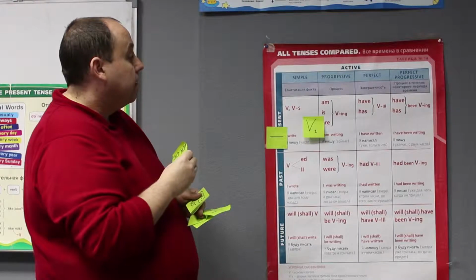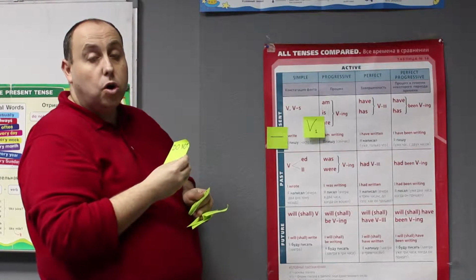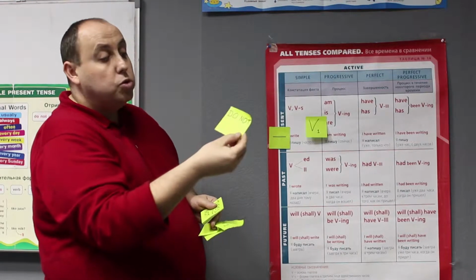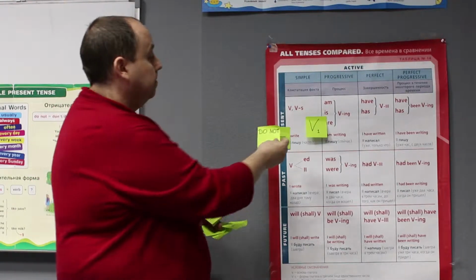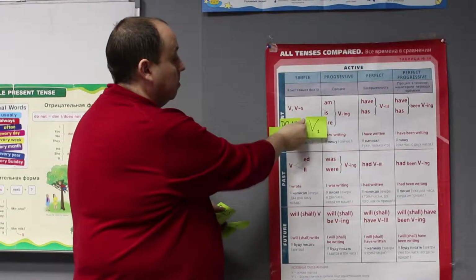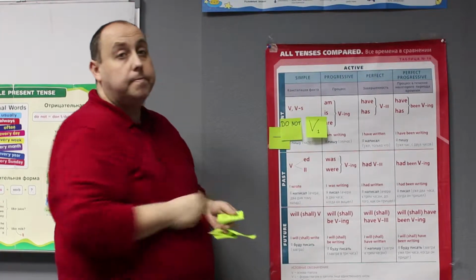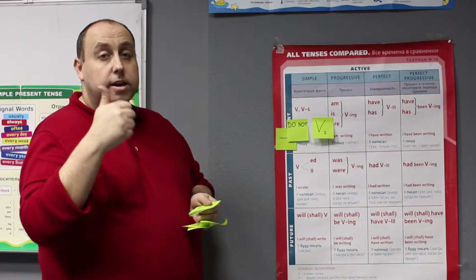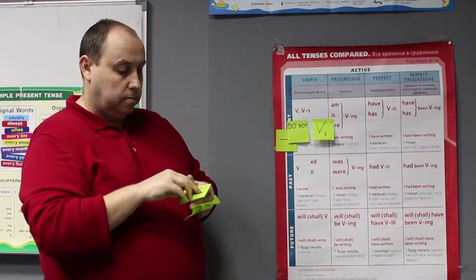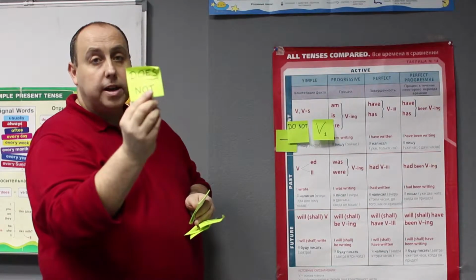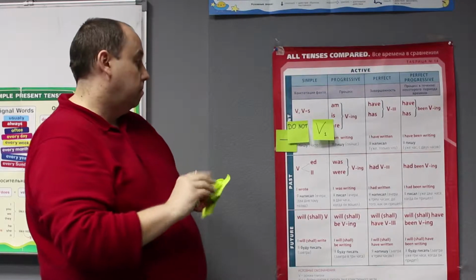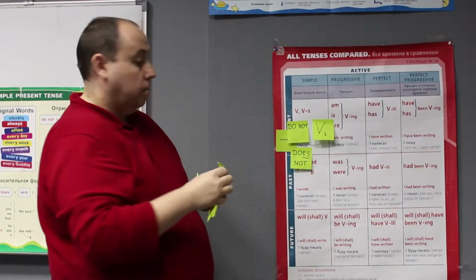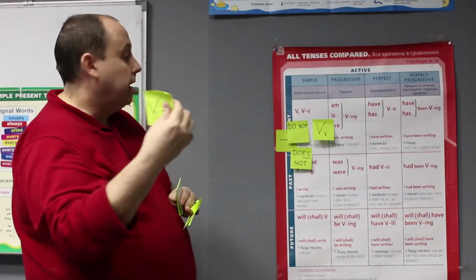So one more time. For I, you, we, or they, in the present simple, when we have a negative, we use the helping verb, do not, followed by the verb in the first form. However, if we have the third person singular, he, she, or it, we use the helping verb, does not. Followed by the verb in the first form once again.